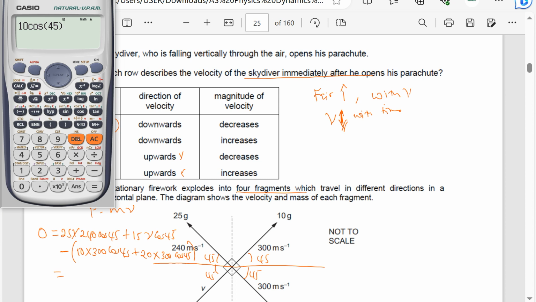It is 10 times 300 cos 45 plus 20 times 300 cos 45. So that is approximately 6,000.